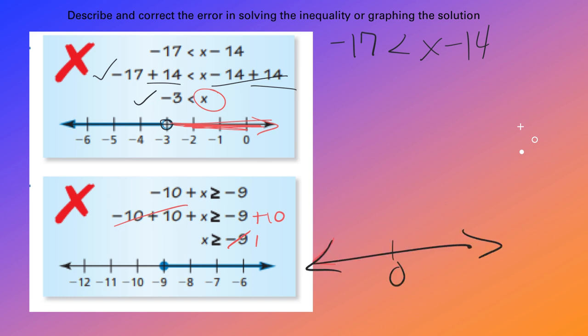I'm going to have 0, 1, and negative 1, correct? Where am I locating? Is it going to be open or closed? It's going to be closed, correct? And which way am I going? To the left. And that's your answer. Correct?